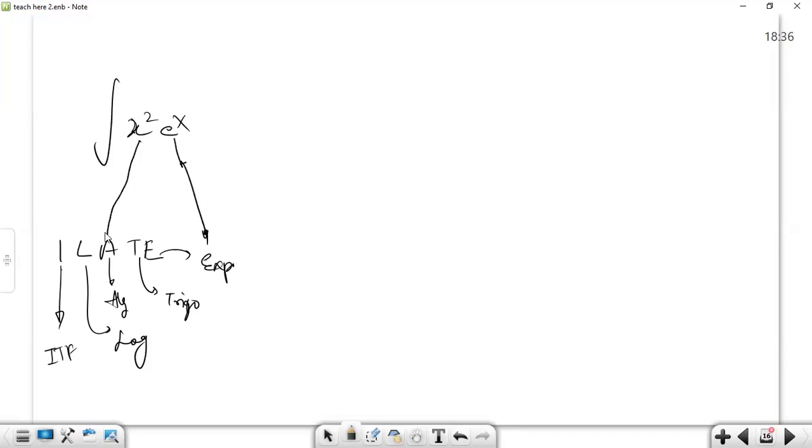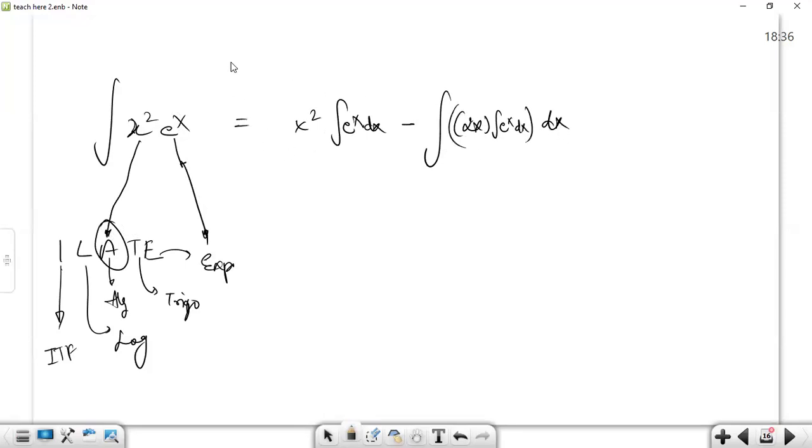This is algebraic function. So this should be our first function. So first function into integration of second function, minus integration of derivative of first function into integration of second function, into whole integration. Are you able to understand that? How have I written so?